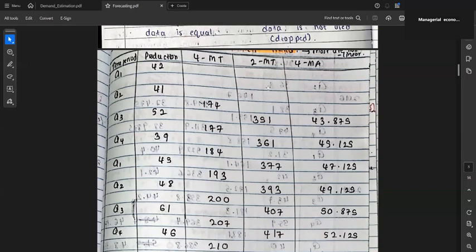As you can see, for 177, we have dropped the quarter 1 production value. That is why we call it moving. And average, because after we get the moving total, we divide it by the number of points to get the average value.